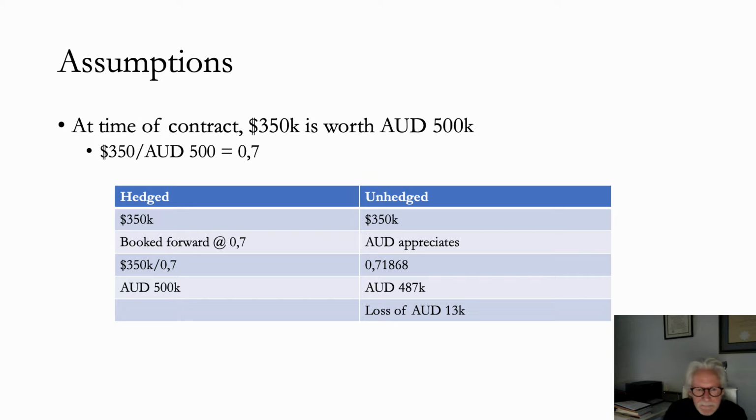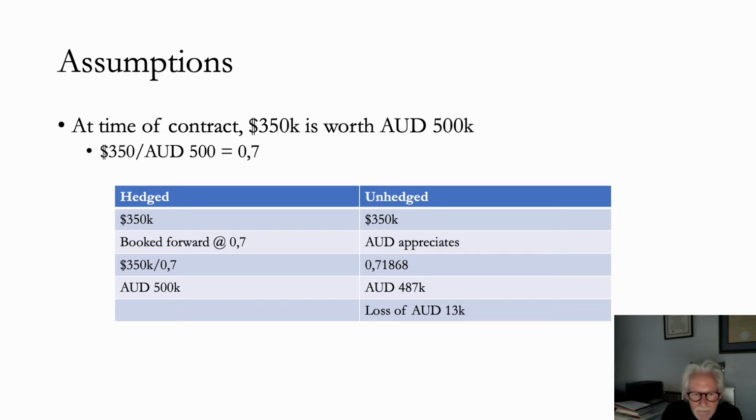It appreciated. So in this assumption, and I've made up these figures, I've said that the Australian dollar appreciated from 0.7 to 0.71868. This would give our exporter 487,000 Australian dollars.